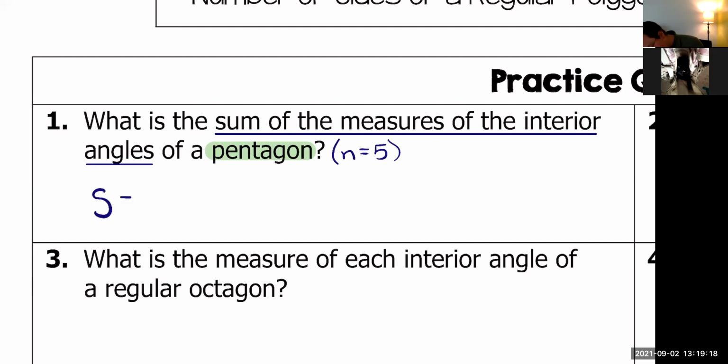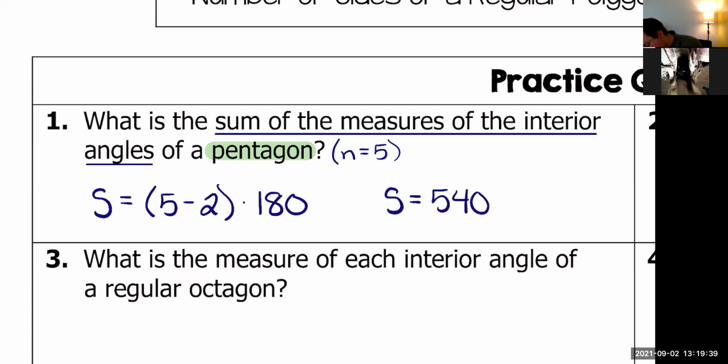So S equals the number of sides, which is 5, minus 2 times 180. What do you end up getting for the total? 540. 540. Which technically we already calculated on the first page, but it doesn't hurt to try that formula out again.